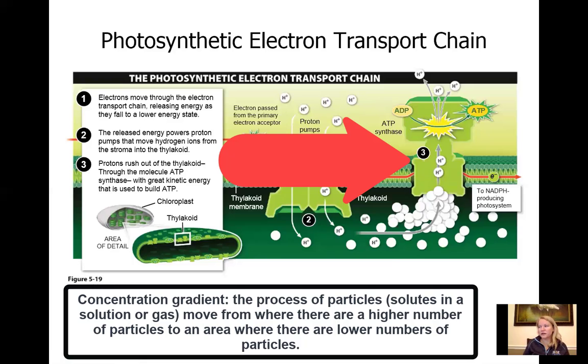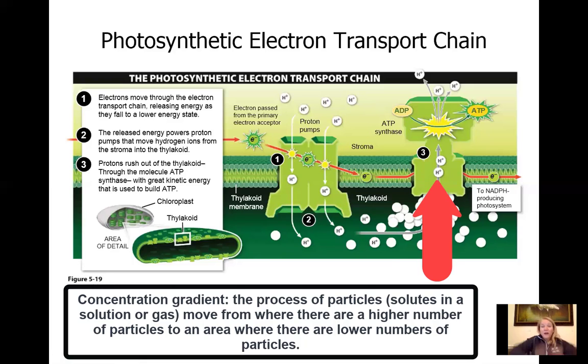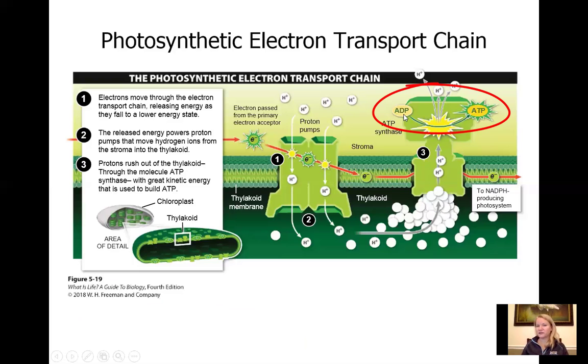It allows all those protons to flood through it. And as these protons are moving through, it creates enough energy to take this ADP, adenosine diphosphate, so there's 2 phosphates on that molecule, and it attaches a third.